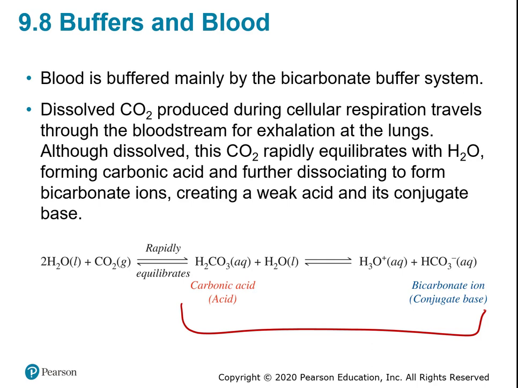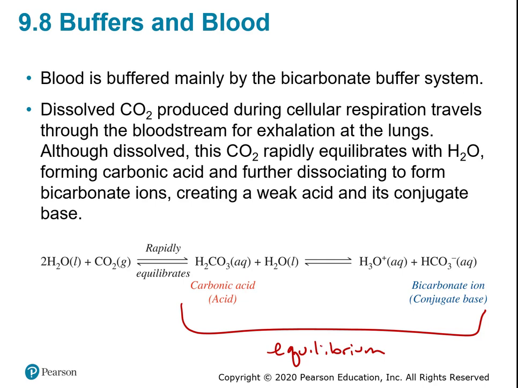It's called the bicarbonate buffer. It's made of carbonic acid, which is an acid, and bicarbonate ion, which is the conjugate base. And notice it's in equilibrium, so both of these molecules are present.